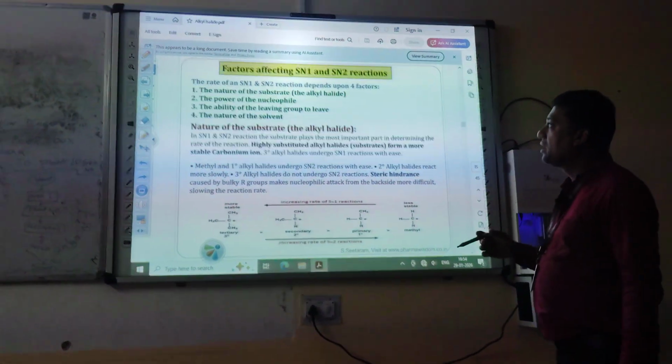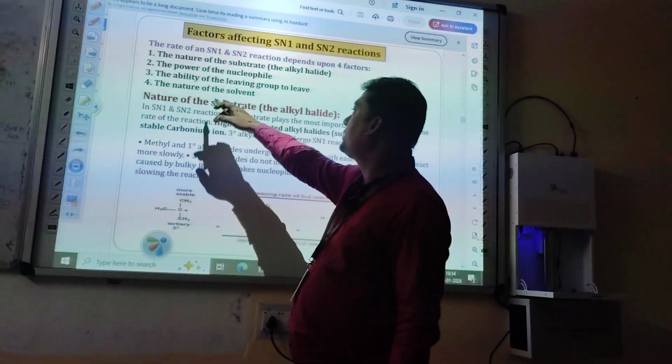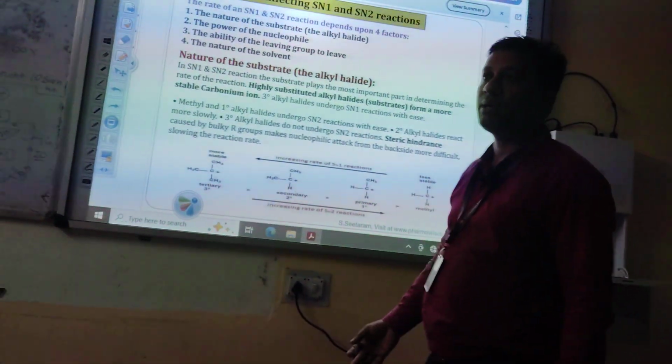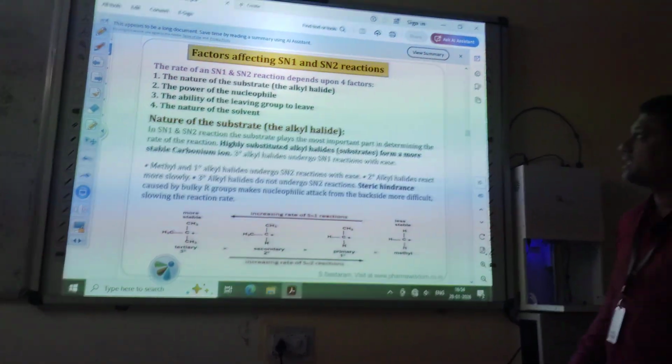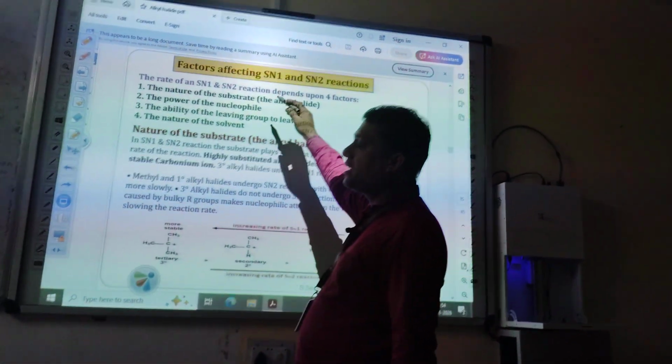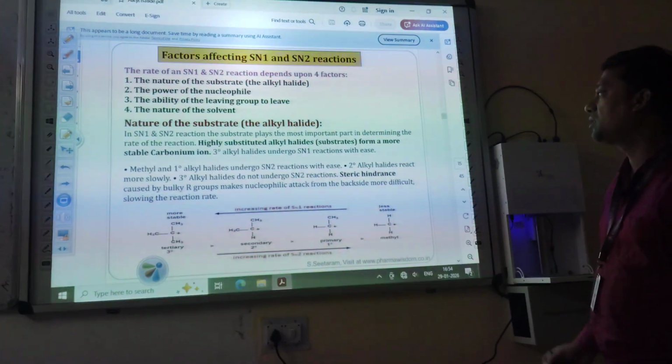And what is the ability of the leaving group to leave? Then the nature of the solvent. What type of solvent do we use? Protic solvent or aprotic solvent. These are the 4 factors that are responsible for both SN1 and SN2 reaction.